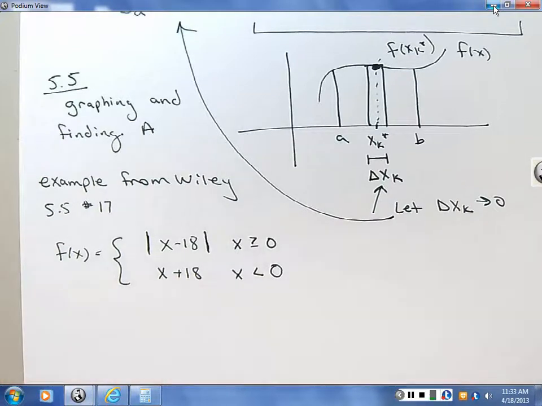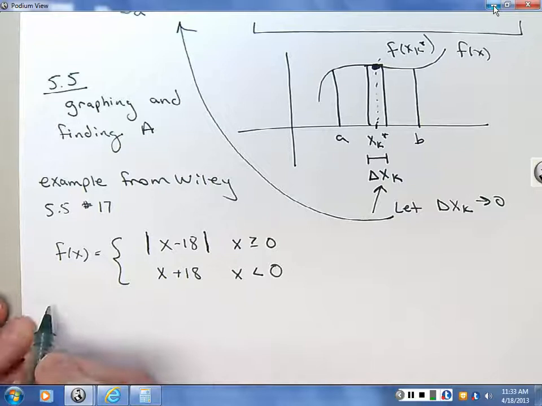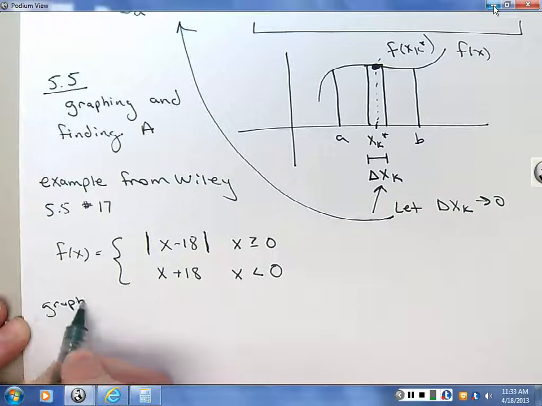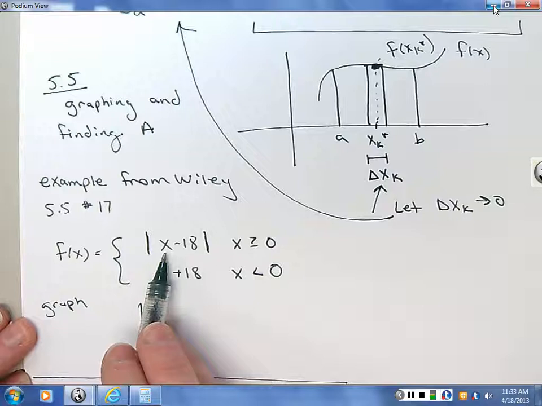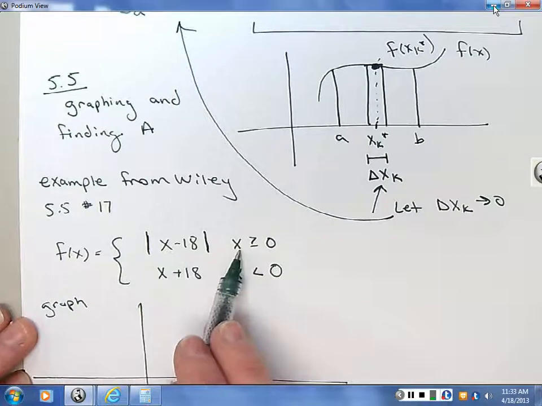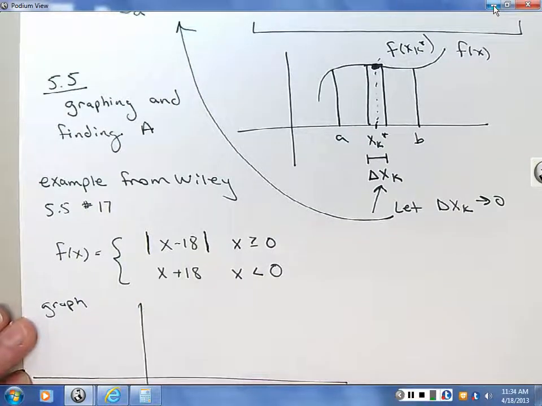This is one type of problem where the fundamental theorem of calculus is going to be harder than graphing it, because you have to take this absolute value. So if I graph this, at x equals 18, it's 0, right?